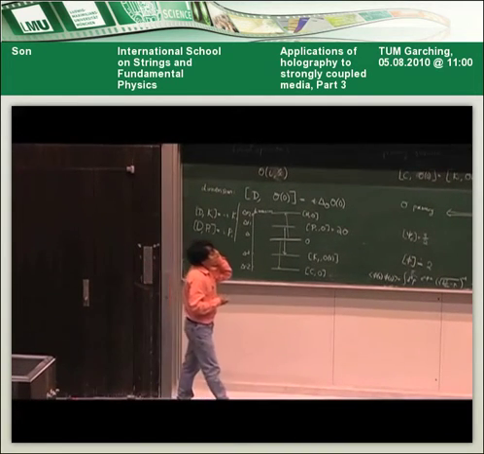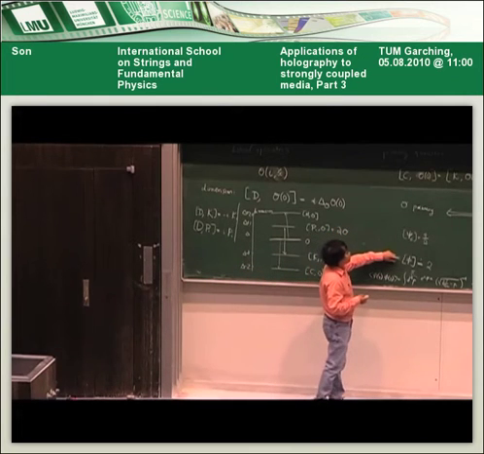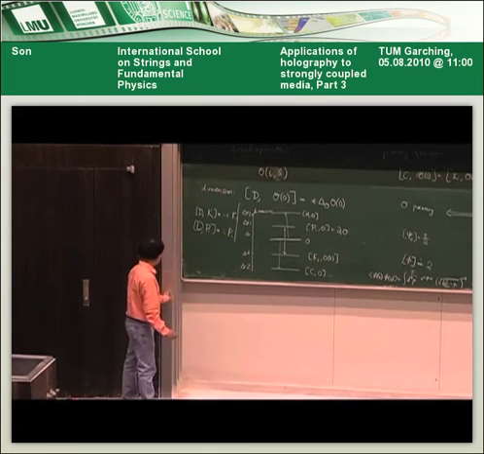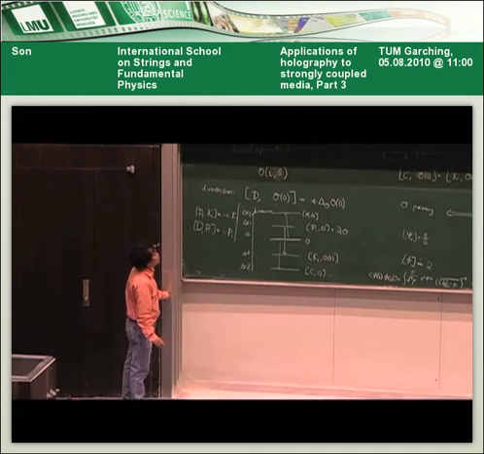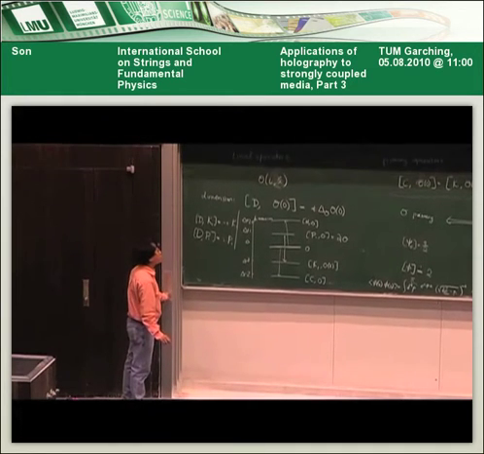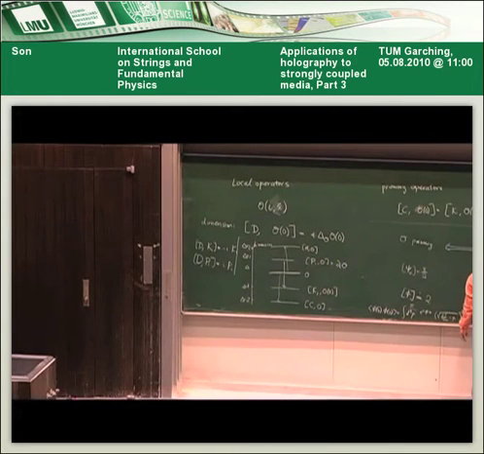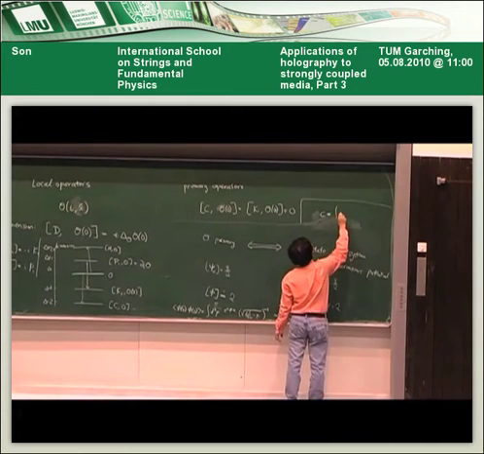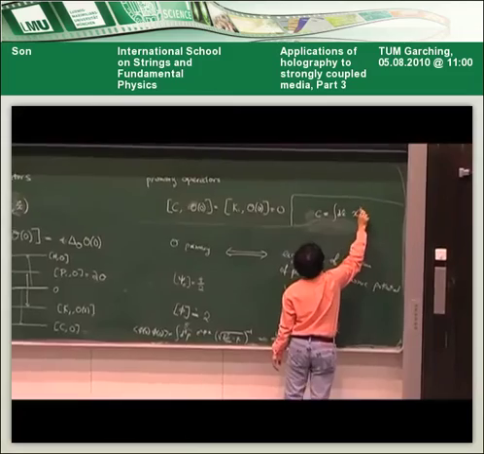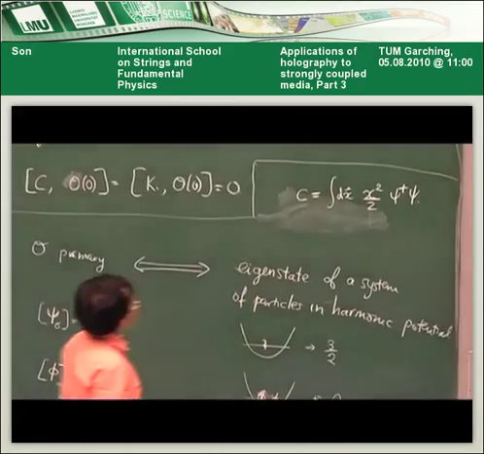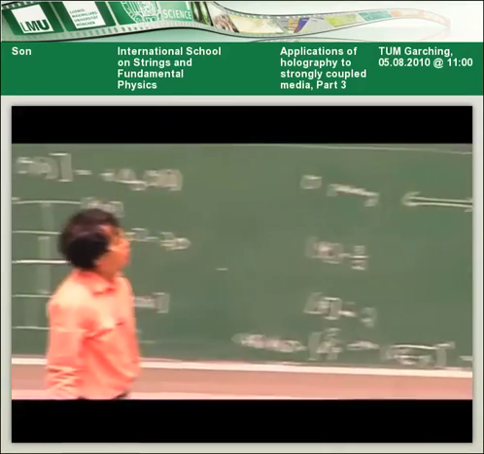So in order to prove this correspondence, there is one additional thing we have to know: the operator of the proper conformal transformation can be expressed in terms of the elementary operators as in this formula.